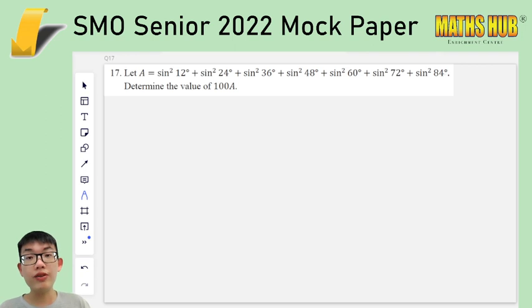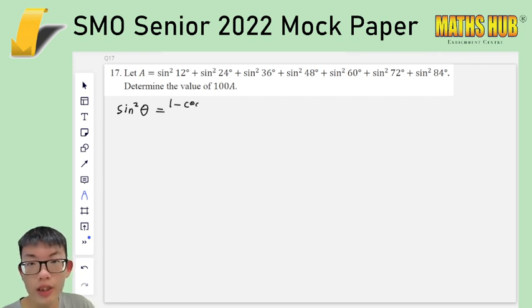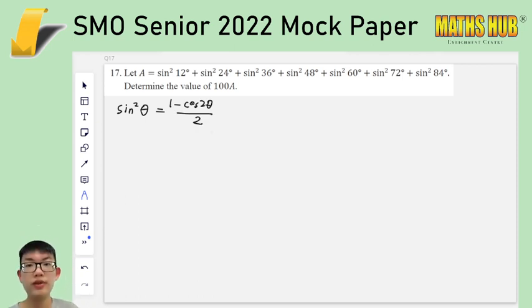So what we can do is to use the cosine double angle formula to take away the squares first, because this is the identity we want to use. Sine squared theta is 1 minus cos 2 theta over 2. So I can convert all of these now to cosines of twice the angle.